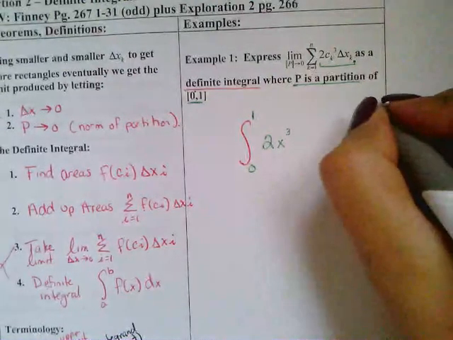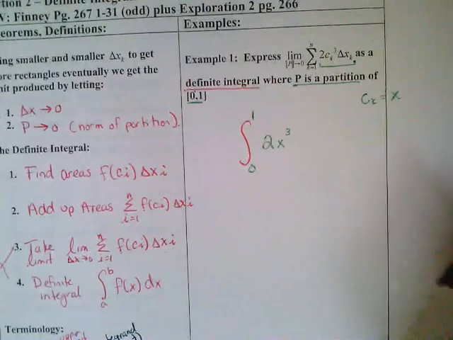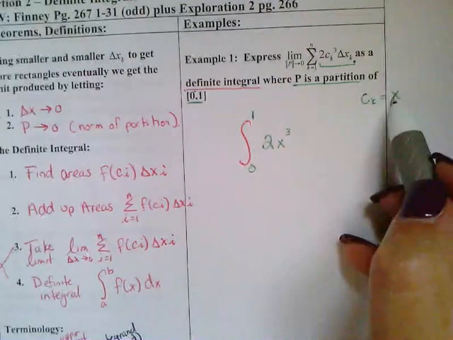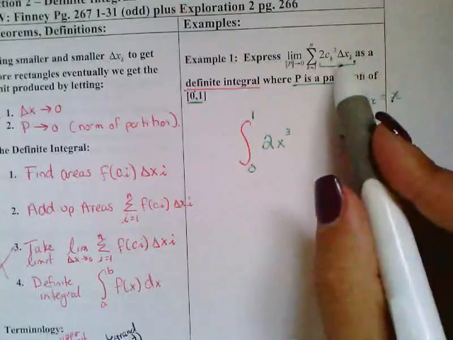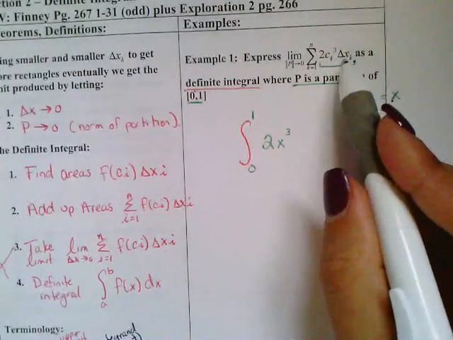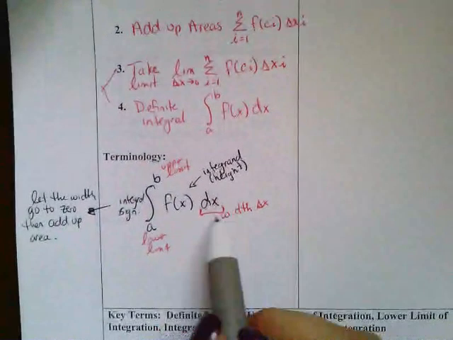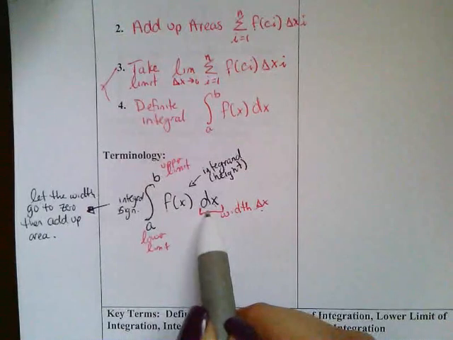So basically the idea is our ck's are going to be our x variables. But remember, this is the dummy variable. We're just using it right now. You could use t, it doesn't really matter. And then our change of x, if you remember right here, what did I say? Our change of x, the width in the integral, is represented by dx.